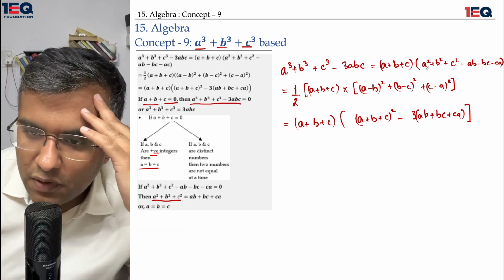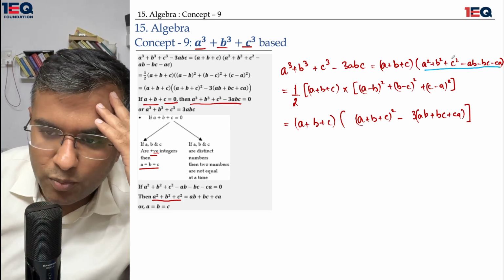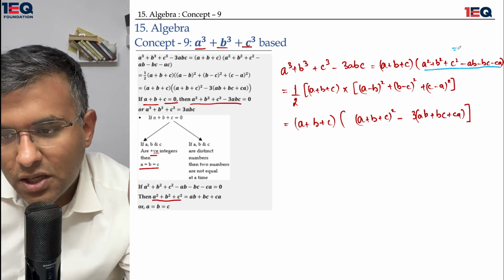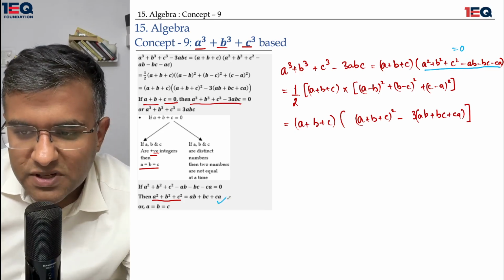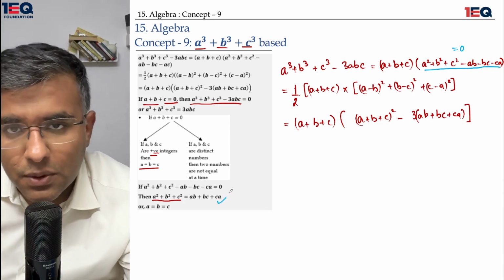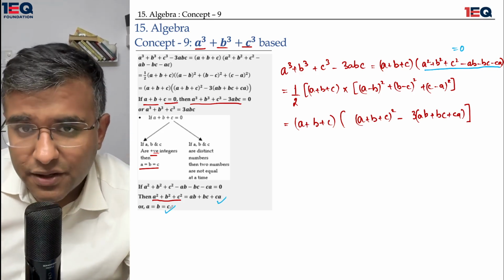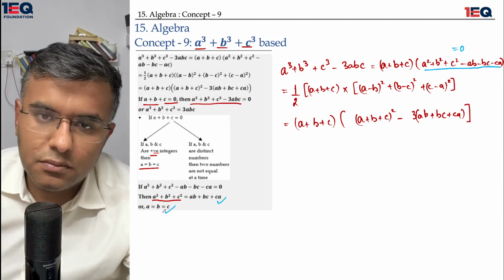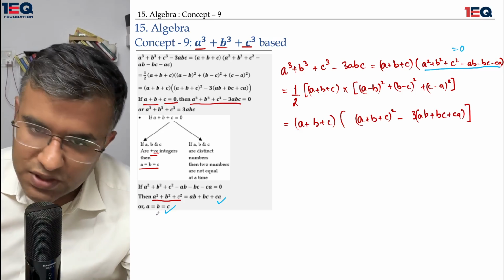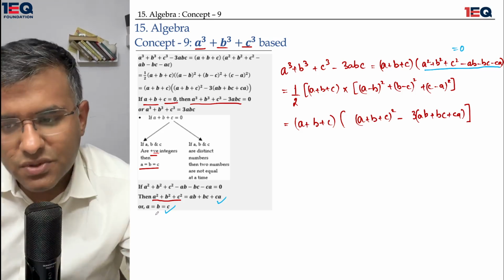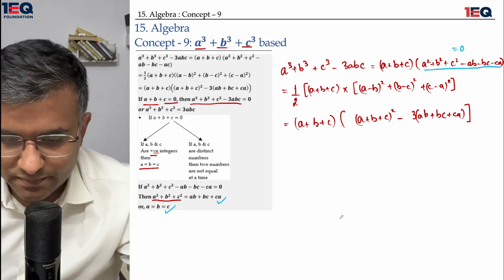Yeah, we are talking about this portion of the equation here. So when you put this entire situation being equal to 0, then you ultimately reach a point where a square plus b square plus c square is equal to ab plus bc plus ca, where the condition comes out to be a being equal to b being equal to c. Okay, this is the most complex part, and definitely a good number of questions come from here as well.